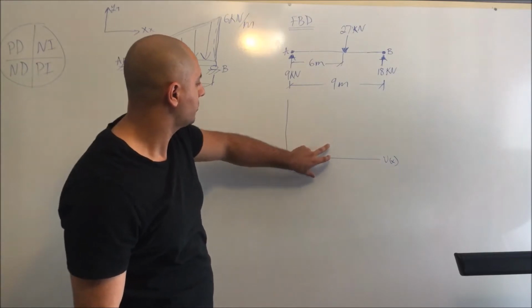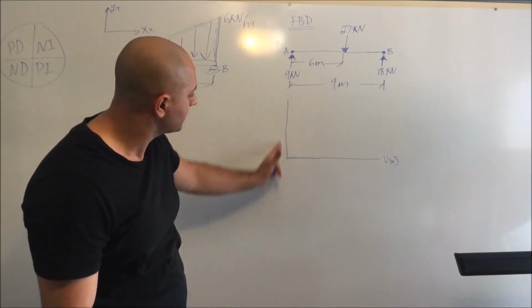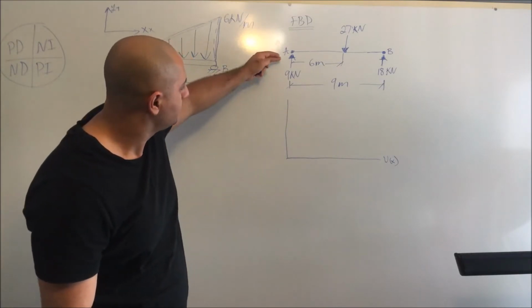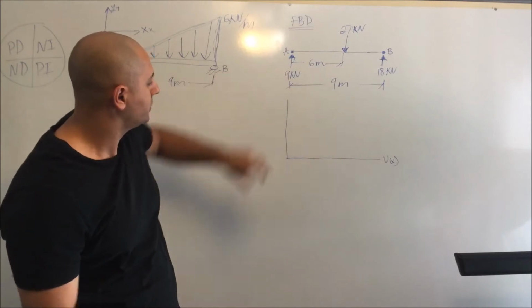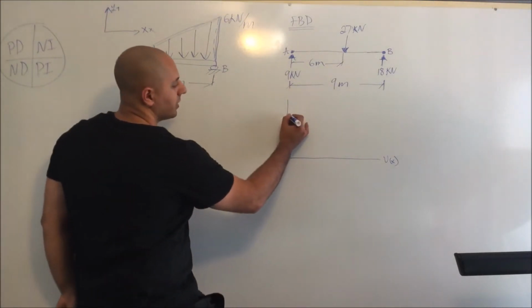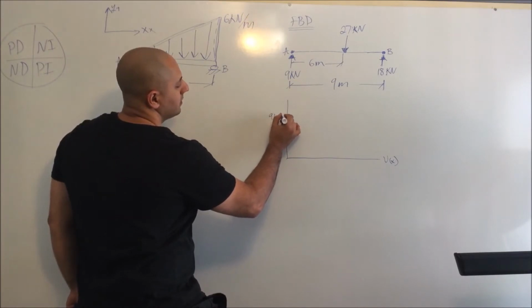Now what you need to consider is the first point on the y-axis. You already solved for a reaction force, which is 9 kilonewtons. So we know that the first point on this plot will be 9 kilonewtons.